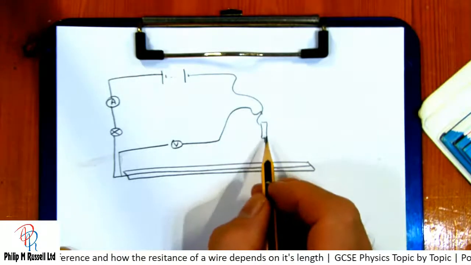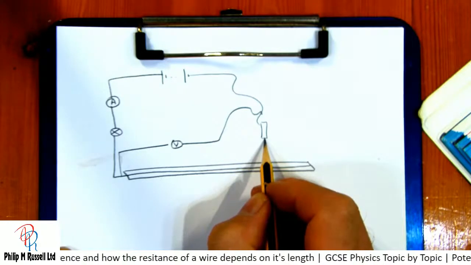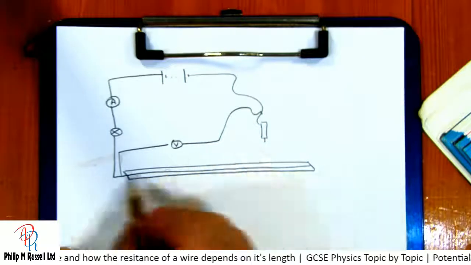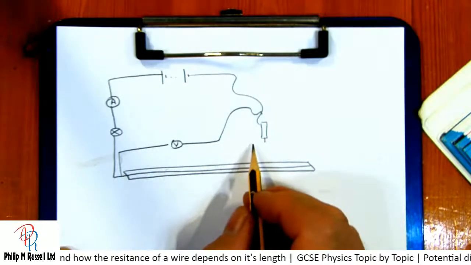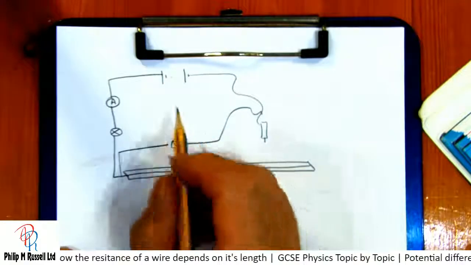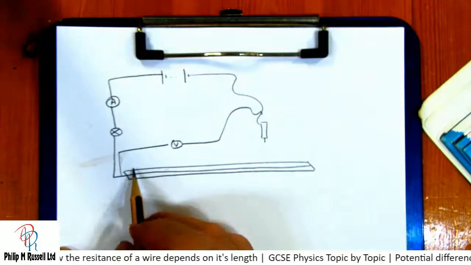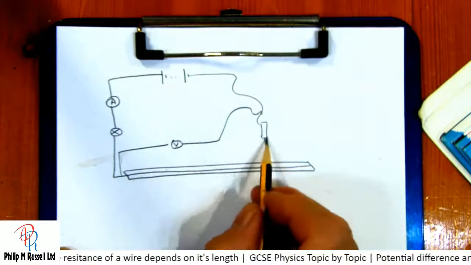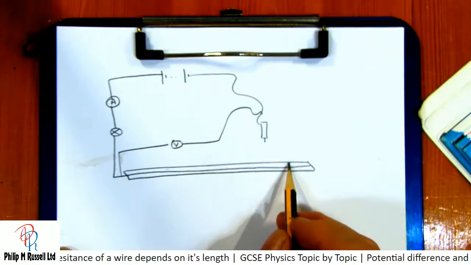We're going to put this little nail down on the piece of wire. That's going to complete the circuit, and we're going to be able to measure the voltage and the current as we move this down the ruler.